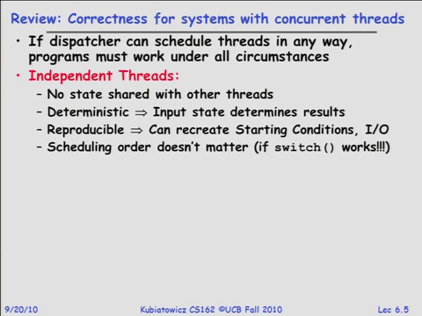This is a nice ideal because it doesn't matter what kind of interleaving of threads goes on, as long as your OS is not broken, you'll get the same answer no matter what, because the two of them don't depend on each other. If there's nothing that thread A and thread B have in common, you could start and stop A and B in any arbitrary way, and you'll get the same answer at the end. Does that make sense to everybody?